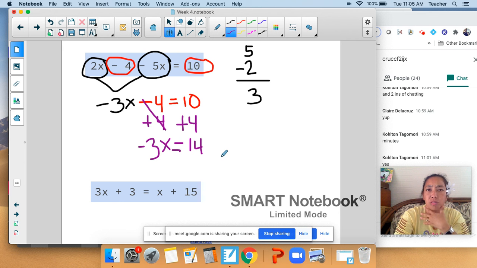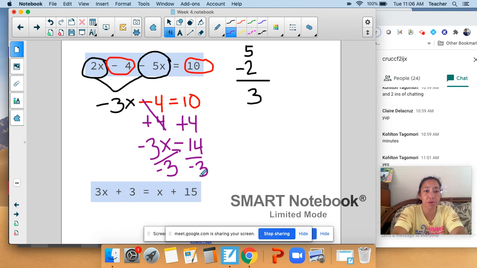I don't know what number times 3 is going to give me 14, but I do know that this is multiplication. And to get x by itself, I'm going to do my inverse operation of multiplication, which is division. So I'm going to divide both sides by a negative 3.